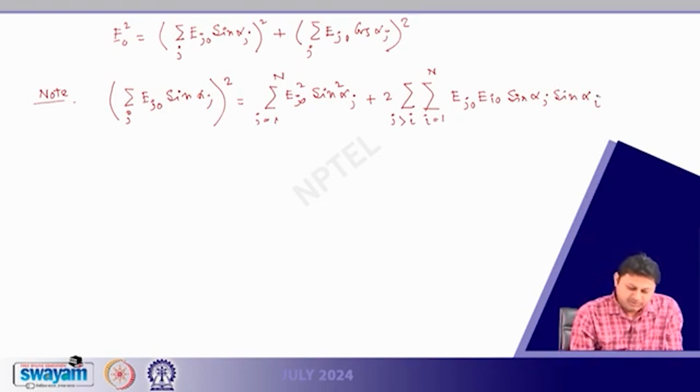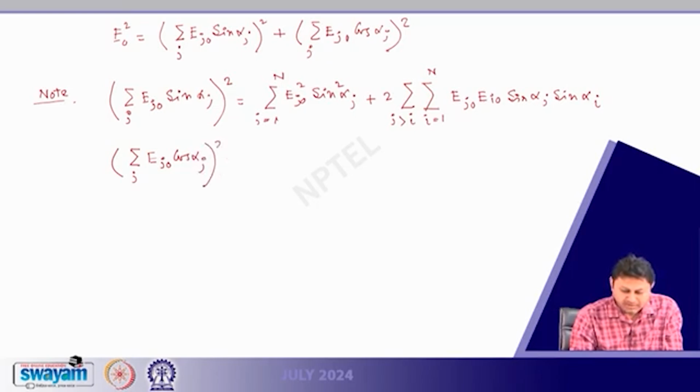In exactly the same way, I can have the cos term, and let me write it down: E j0 cos of alpha j.